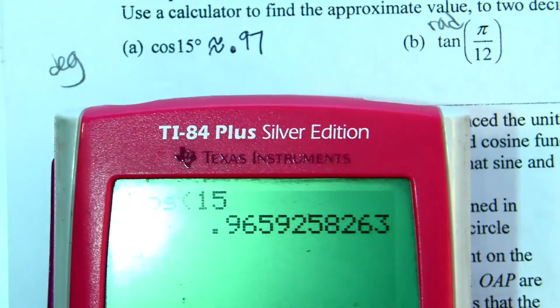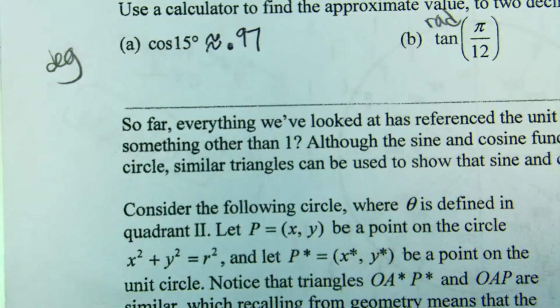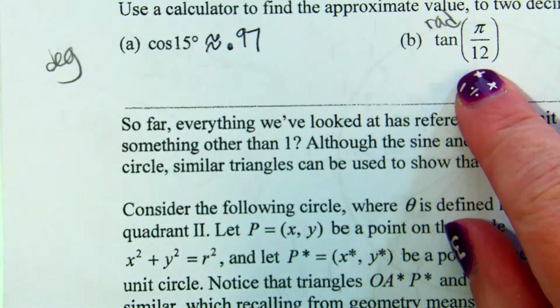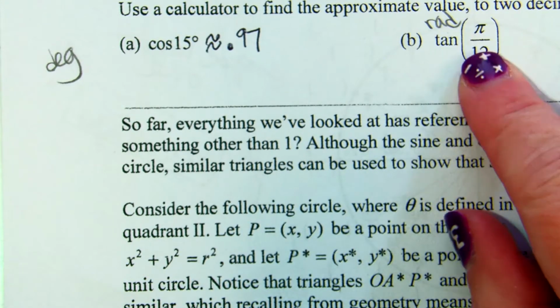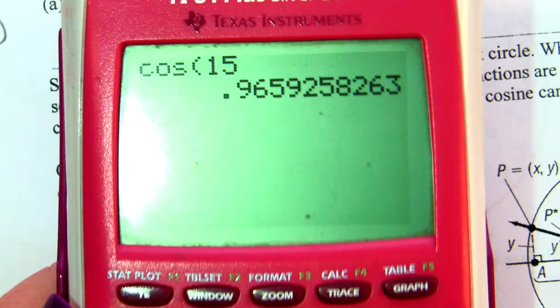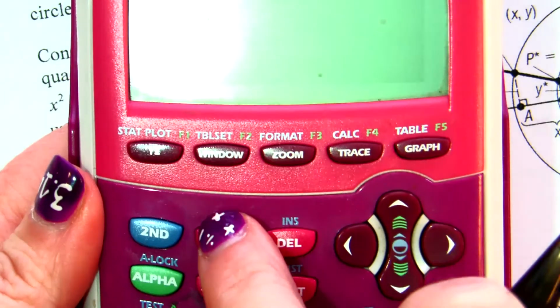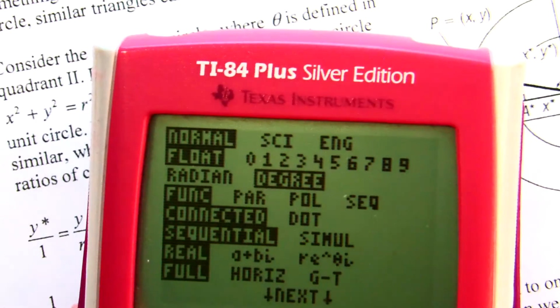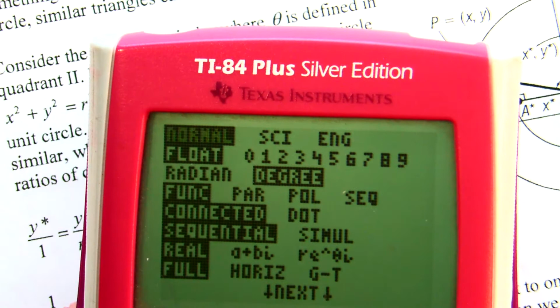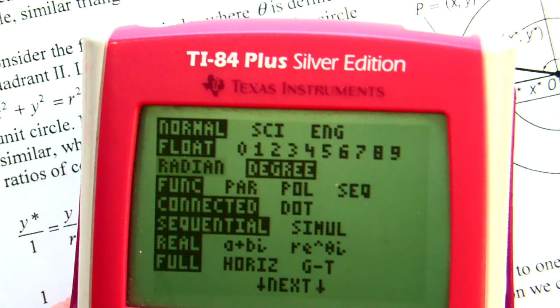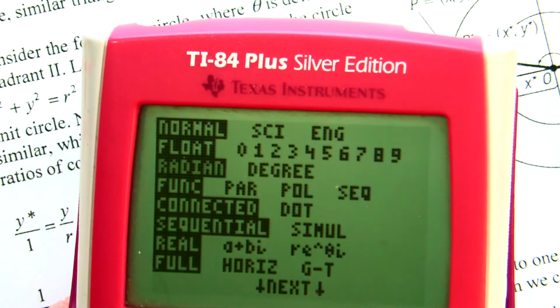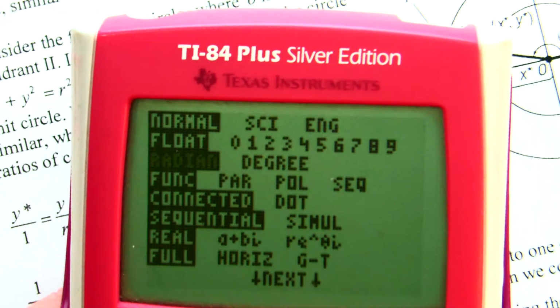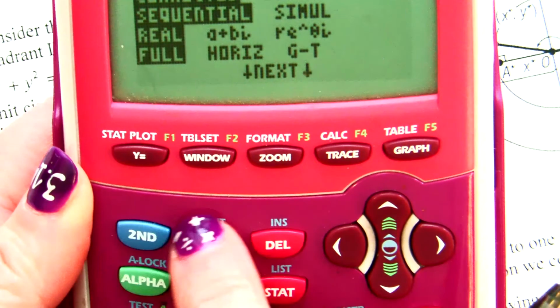2 decimal places. The next one's definitely in radians because it's pi over 12. So what you do is you go back to the mode button, and you see that radians is on the third row, and you hit enter, so it highlights the radians. Now it's in radians, and you do second quit.